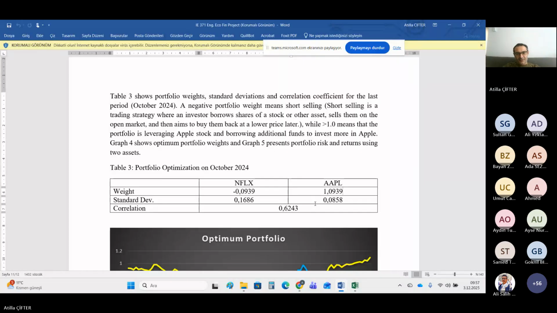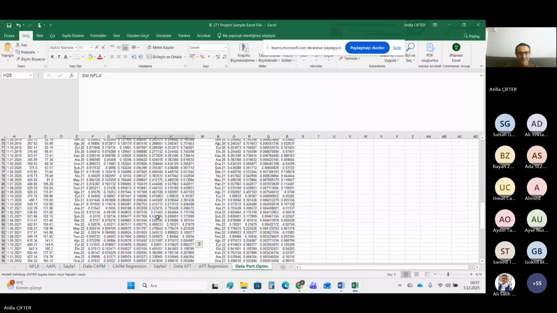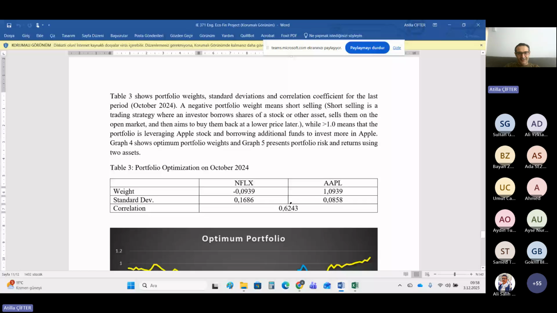And the standard deviation, look here, is already calculated as well. Let me take it here and show you. So standard deviation for Netflix, standard deviation for Apple, and the correlation is 0.62.